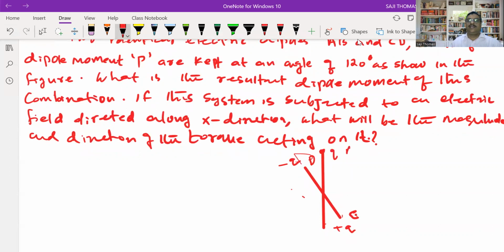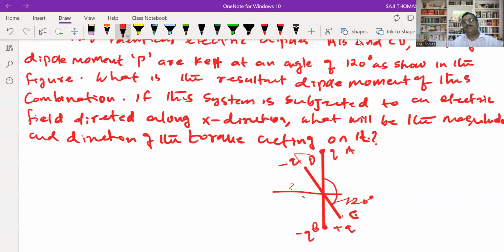Charge Q, A, charge minus Q, B. So angle between these two is 120 degree.